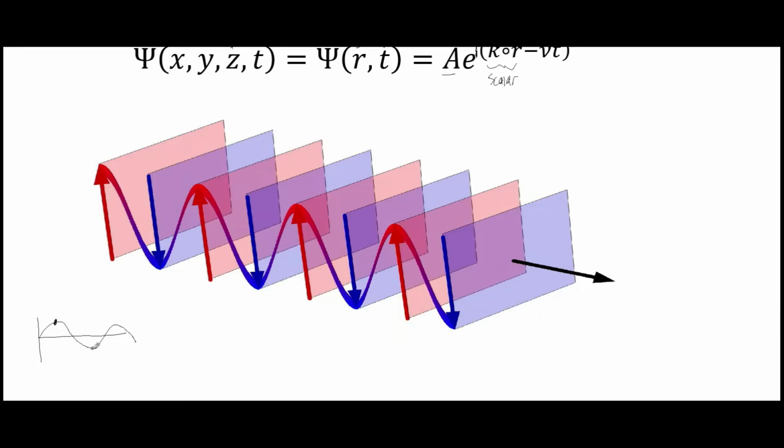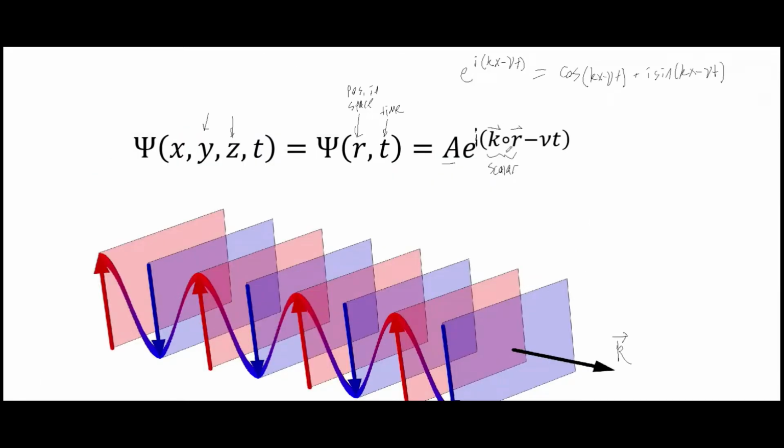So instead of a single spot having that value right there, we have a whole plane that has that value. So this arrow right here is the vector that's represented by k. I think that's actually usually a lowercase k. So that is this k right here, the k that tells us the direction of propagation of this wave.